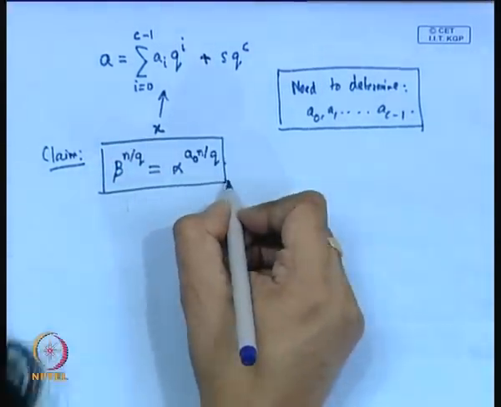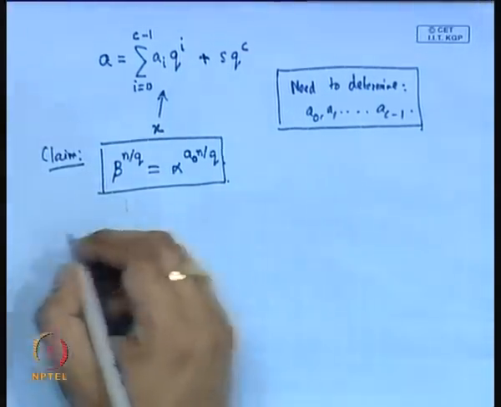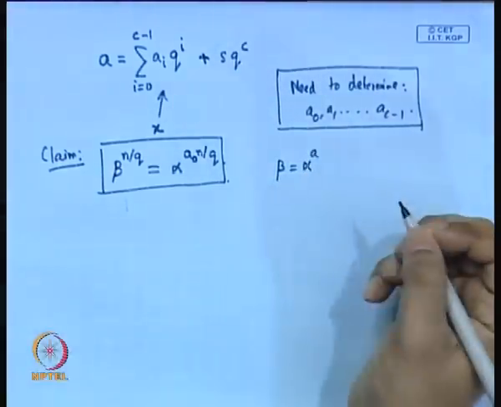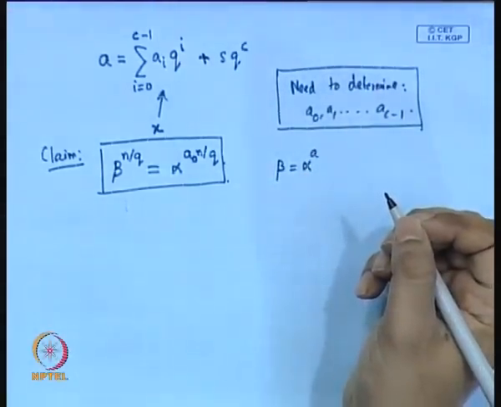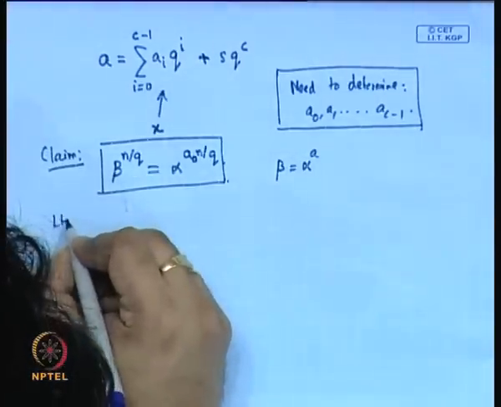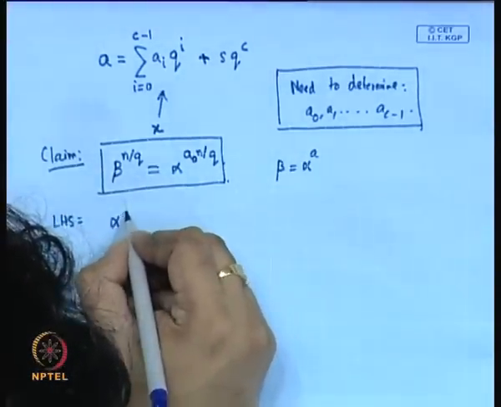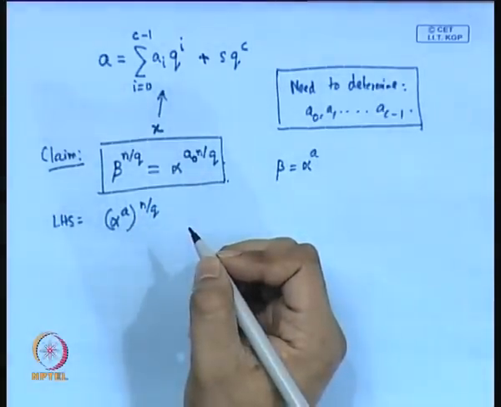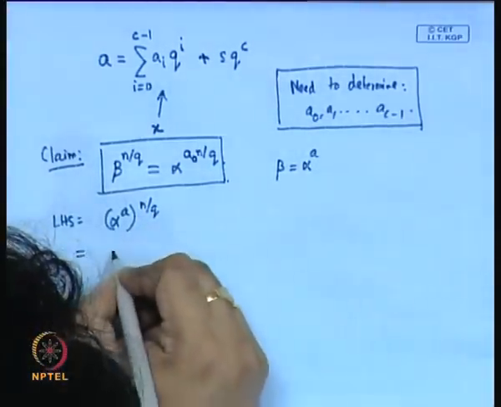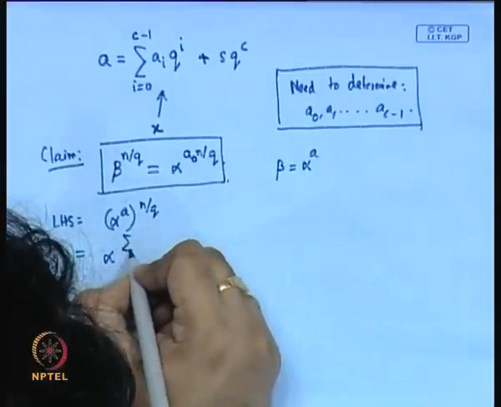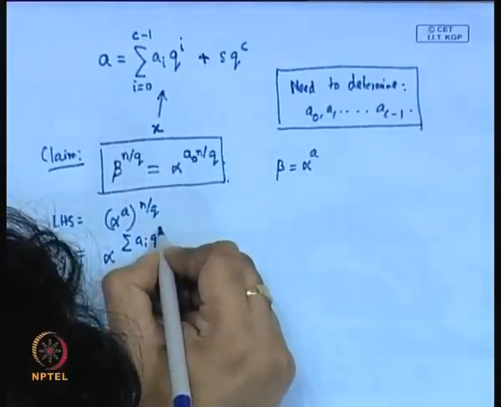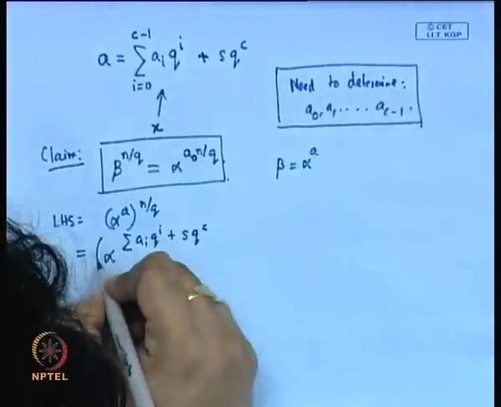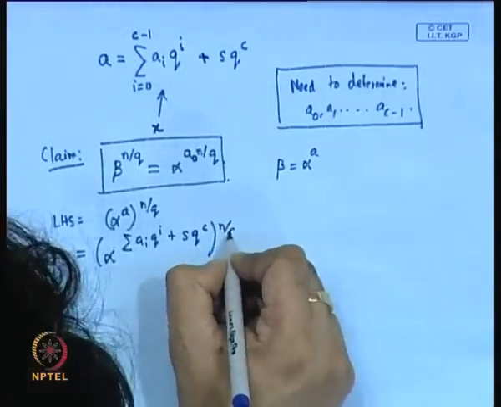So let us see, it is quite a simple proof. You know that beta is equal to alpha power of a. So therefore your left hand side here is nothing but alpha power of a raised to the power of n by q. What is alpha power of a? Alpha power of a is nothing but alpha to the power of sigma of ai q power of i, plus s q power of c, the whole raised to the power of n by q.